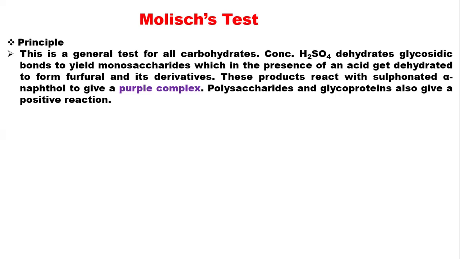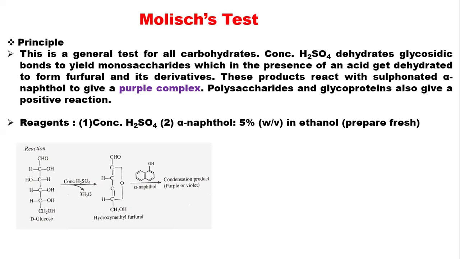All carbohydrates can be treated with concentrated H2SO4, and it will dehydrate the glycosides to yield monosaccharide, which now, in the presence of the acid, gets also dehydrated to form furfural, and the furfural now condenses with sulfonated alpha naphthol to give the purple complex. So our reagents, we have concentrated sulfuric acid, we have alpha naphthol, which is freshly prepared. It is 5% weight by volume in ethanol.